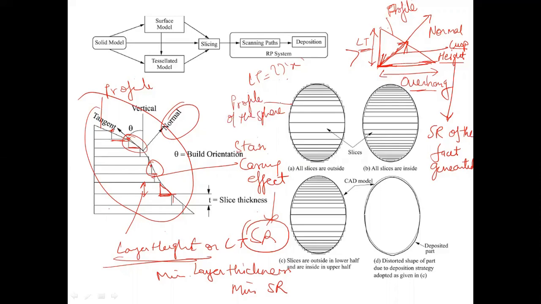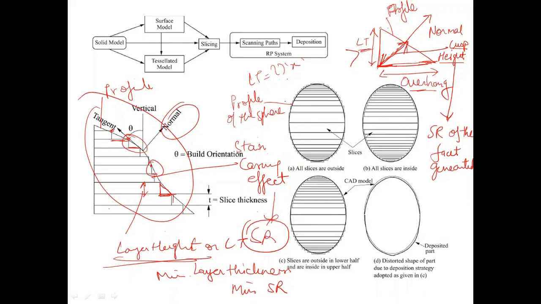The first option was that all the slice heads are on the outside of the profile line. You can very easily see the slice heads are coming outside. So the surface roughness is going to be generated outside the profile line.